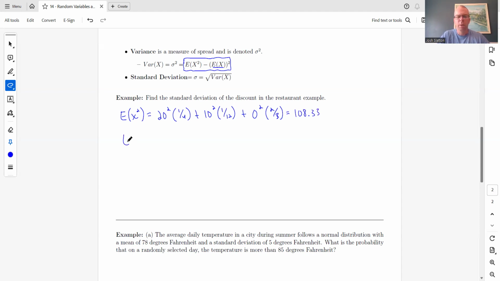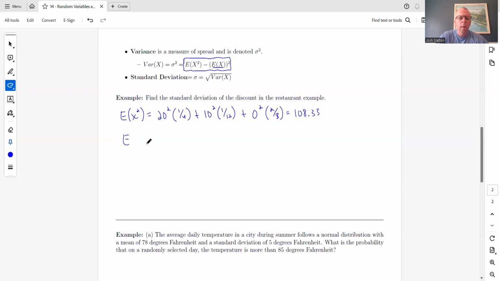And then the expected value of x we found earlier is 583. Now we plug both of these in to the variance and find the variance.